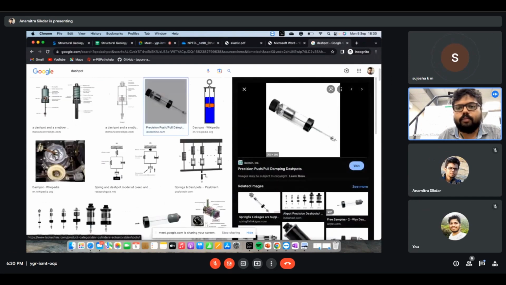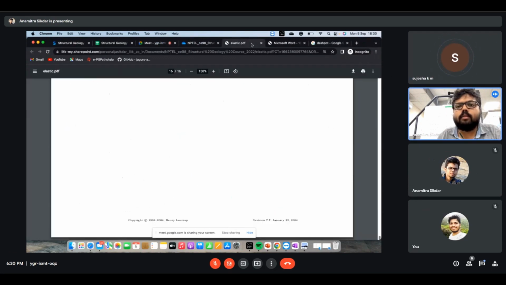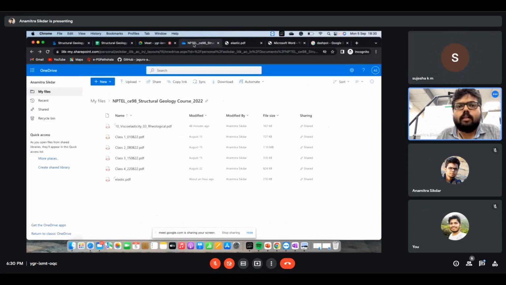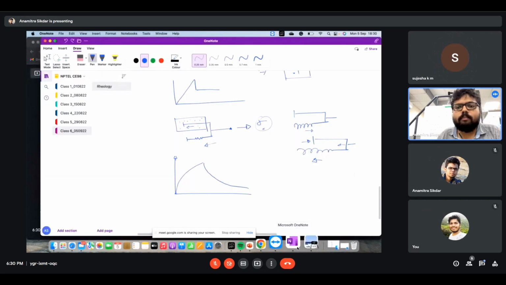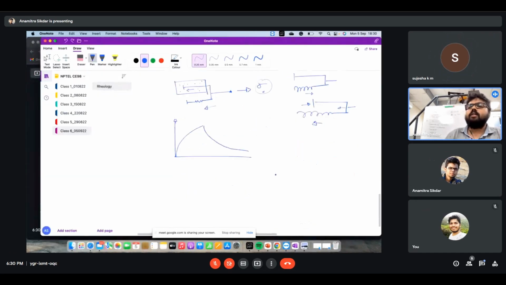So that actually provides the viscous part. So you see, there is a spring and the dashpot. So these are actually hypothetical models used in explaining the rheology of complex geological materials.